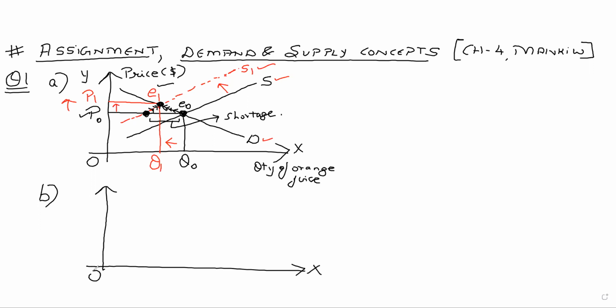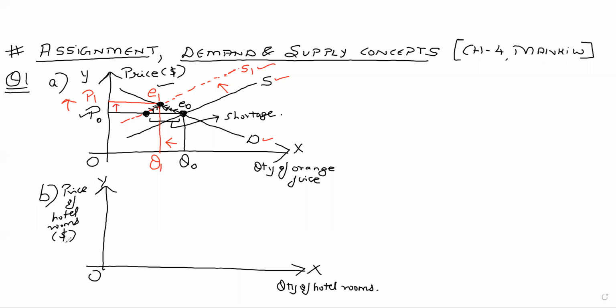So x-axis, y-axis. On the x-axis, what do we have? On the x-axis, we have quantity of hotel rooms. And on the y-axis, we have price of hotel rooms, again in dollars.